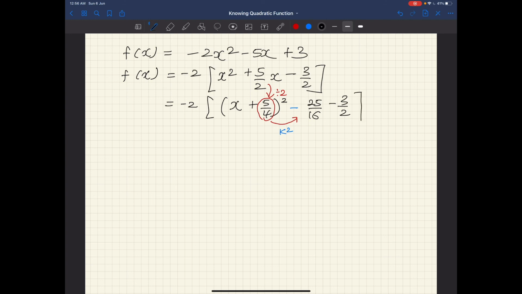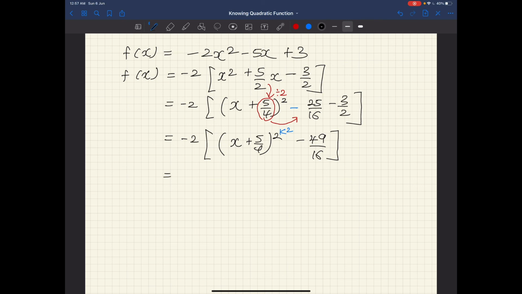Now I close my bracket. Alright, so once I close my bracket, I have negative 2. Make sure I put back the big sign back, and then I have my x, positive 5 over 4 squared. Now I just have to solve this. Negative 25 over 16, negative 3 over 2 is going to be negative 49 over 16. Make sure you put back your big bracket here.